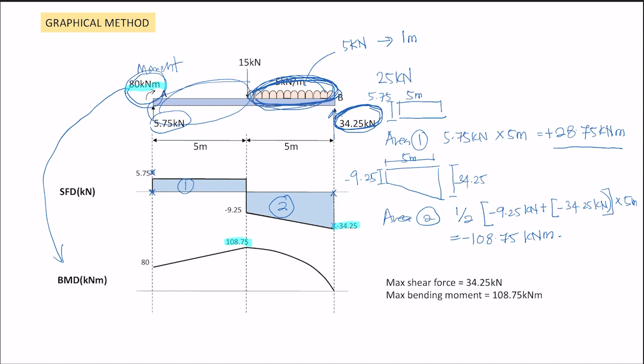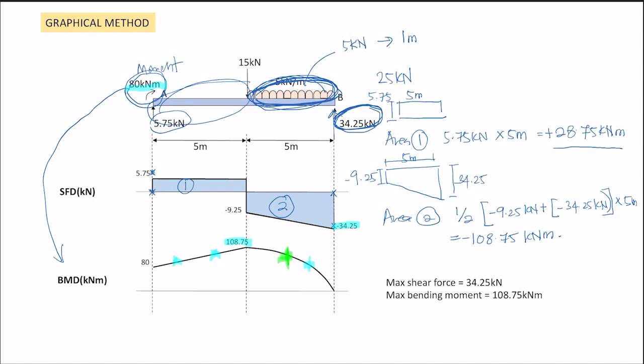This is where I said that it is better if you use the sectional cut method, because if you want to know how much it is here, at this point for example, you cannot find the value here. So if you use the section cut method, you can get it.